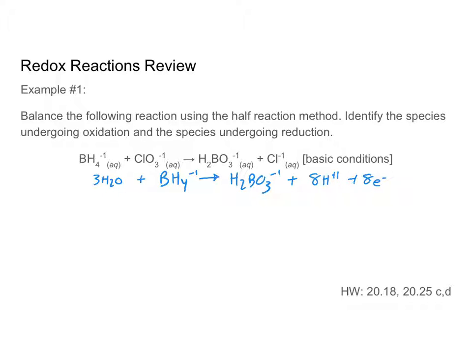Then I'm going to write the second half reaction, which in this case is ClO3 minus 1 and the chloride ion. And again, my chlorines are balanced, but my oxygens are not. So I'm going to go ahead and balance the oxygens by adding water. In this case, I'm going to add 3 waters, which will give me 6 hydrogens. So I need to add a total of 6 hydrogens over here.